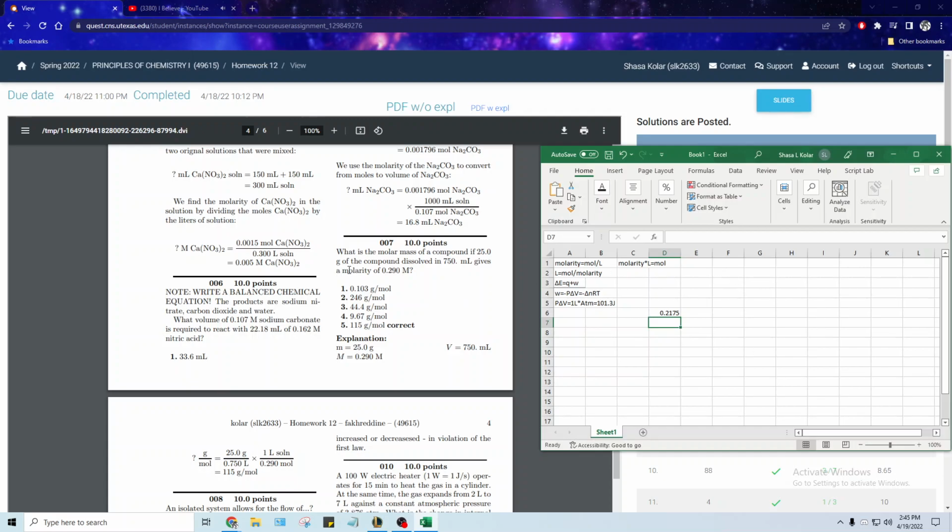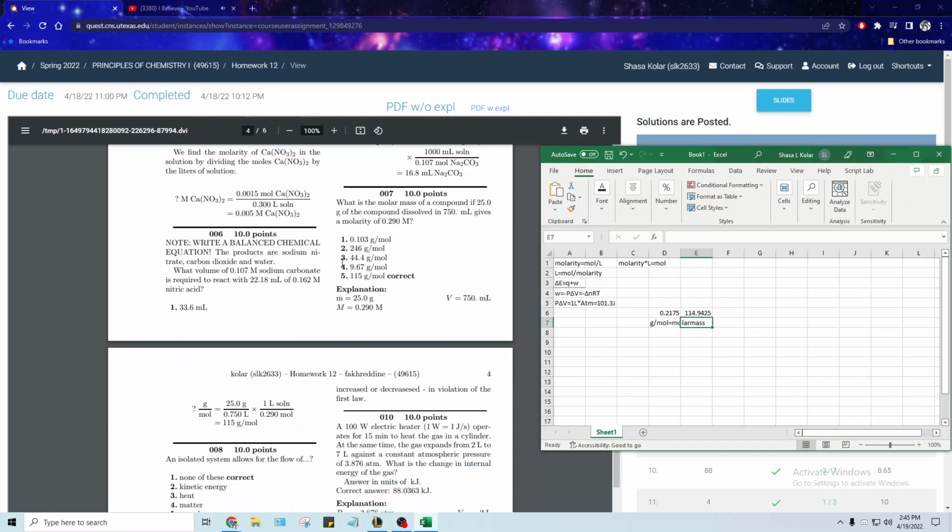And then molar mass is grams divided by moles. So we're just going to divide our grams, 25, over that. That one's pretty easy. It's 115 grams per mole, yeah.